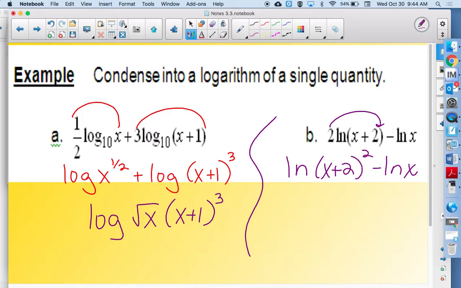And then Hannah, since it's subtraction, you would go division, so ln, and then x plus 2 squared over x. Right. You only have one natural log. I don't keep ln divided by ln. So my goal is to condense it into one. The natural log goes outside of the fraction. The terms that follow are what creates the fraction. That's it. Question?